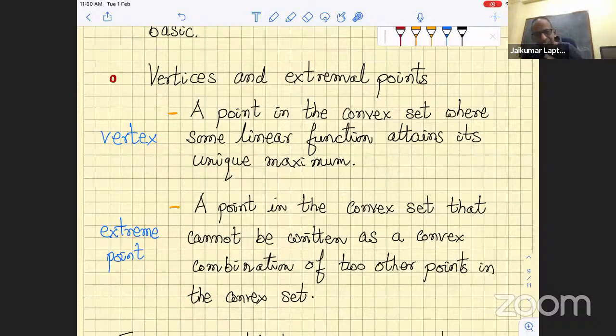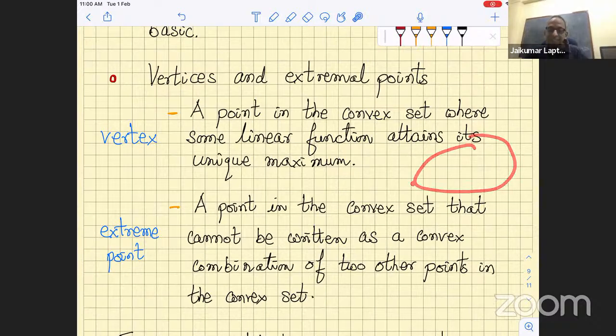Now, for general convex sets, vertices can be defined in two ways. Or rather, there are two kinds of points which are important. One is a vertex. What do we say? I'm just talking about a general convex set.